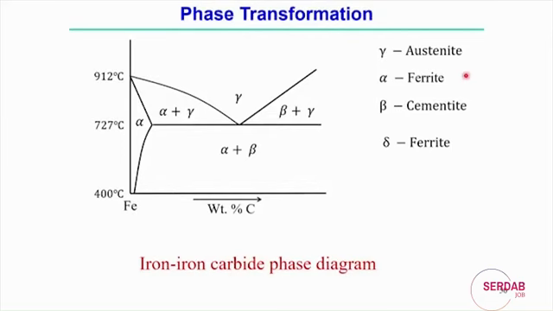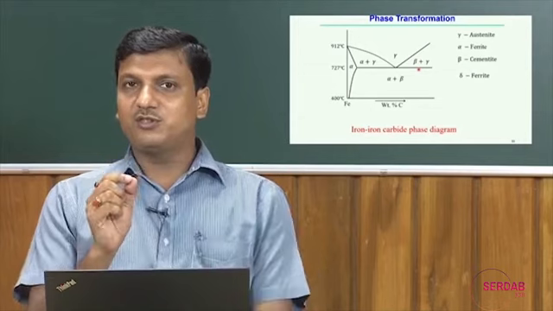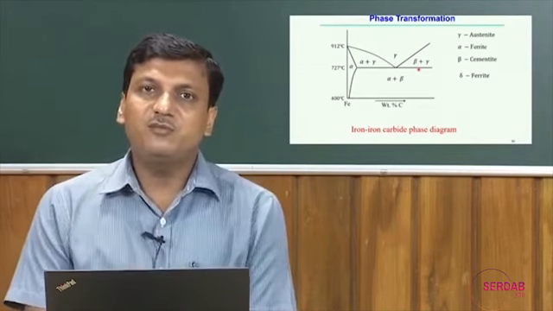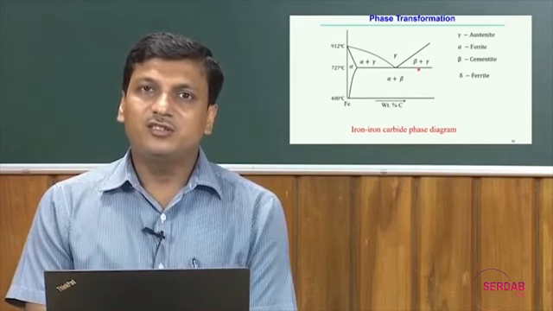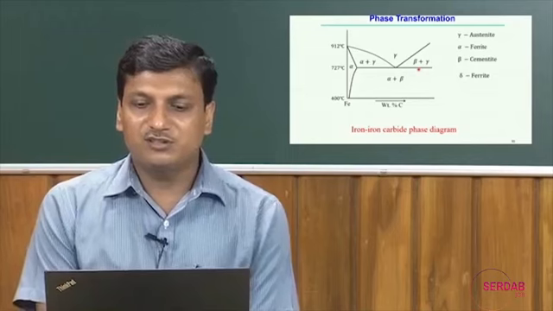Then another phase is the alpha ferrite, sometimes called only ferrite. Here we can see the alpha ferrite phase exists at a very low percentage of carbon. The maximum solubility limit of carbon within this phase is, I think, around 0.02 percent carbon.